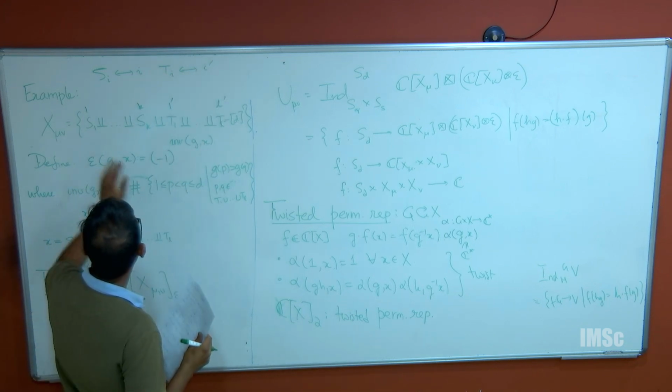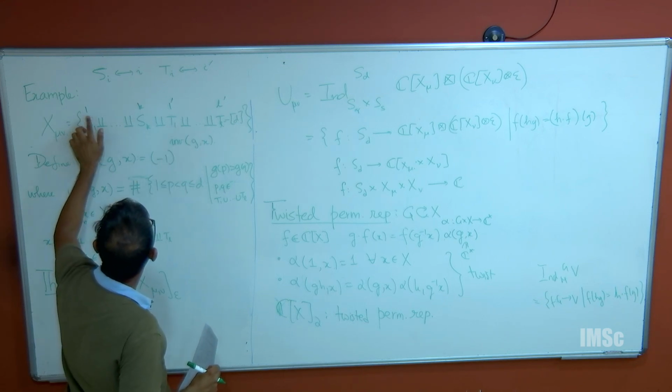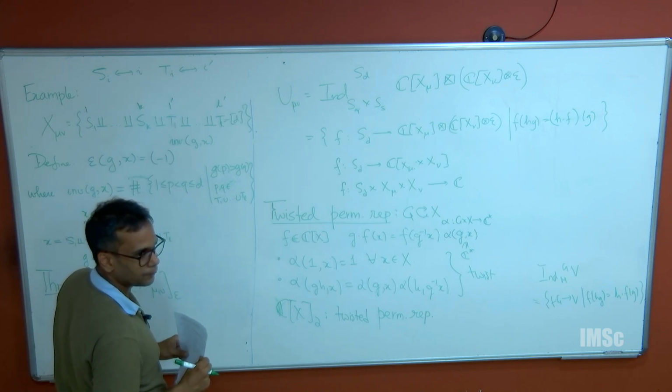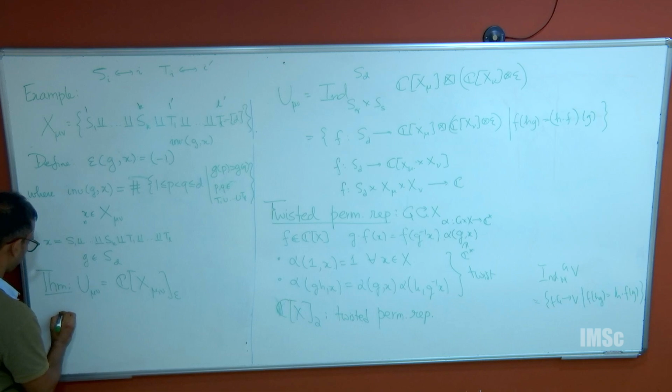Now given a set partition like this, I can write down a word in the alphabet 1 to k, 1 prime to L prime. So these set partitions correspond to words.